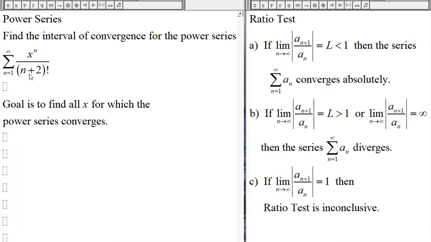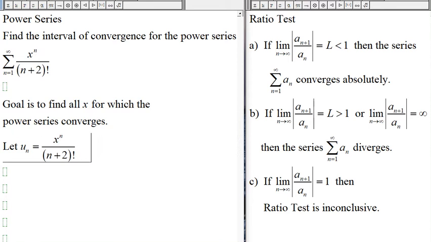In the regular infinite series, we just have n. And so to find the interval of convergence, we will use the ratio test to find the ratio similar to this, and then set it to be less than 1. First, instead of a sub n, we'll use u sub n for power series, be this.